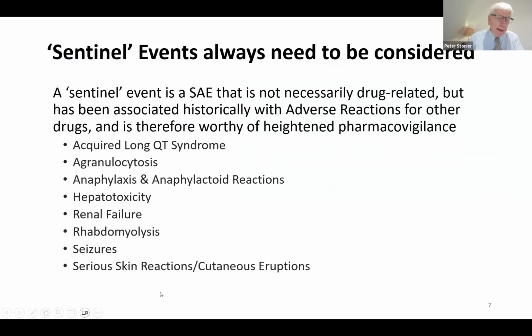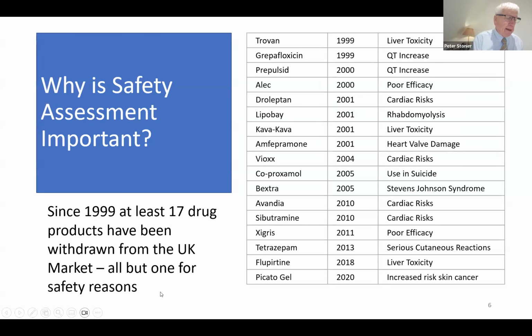So why is safety important from a practical point of view? Safety assessment is based on the detection, assessment, and prevention of adverse effects or any other drug-related problems. That's a kind of definition of pharmacovigilance, really, but it's actually an important thing to say here.